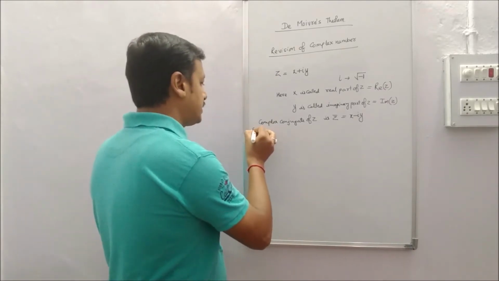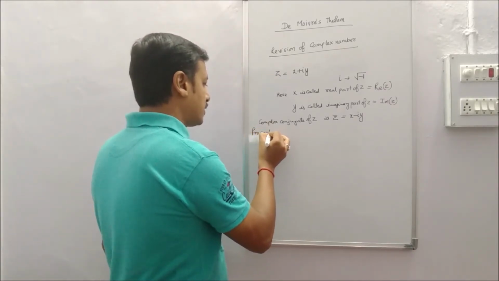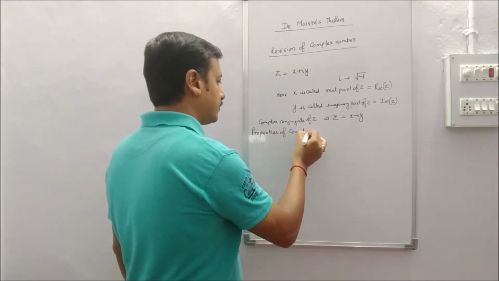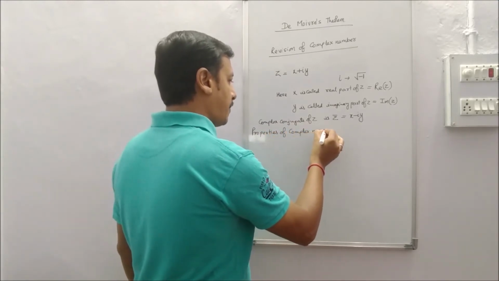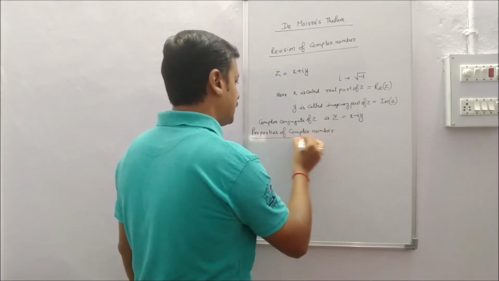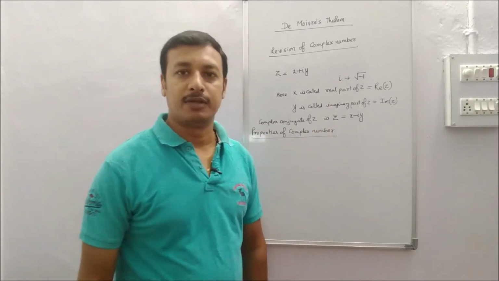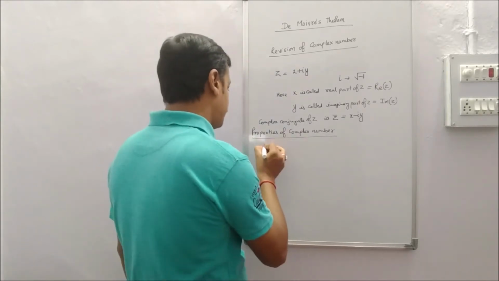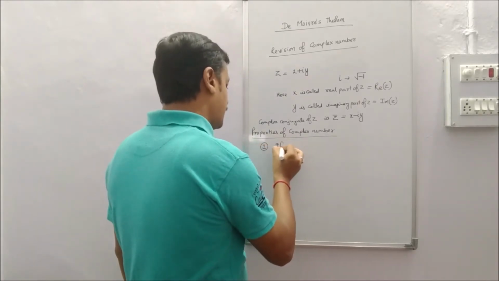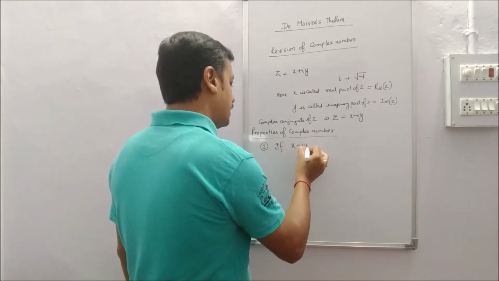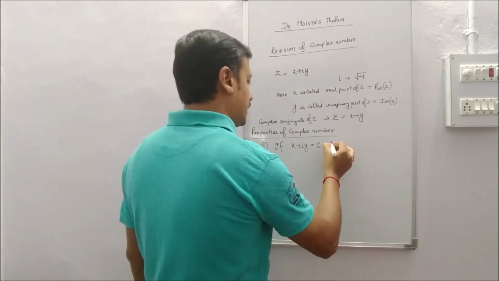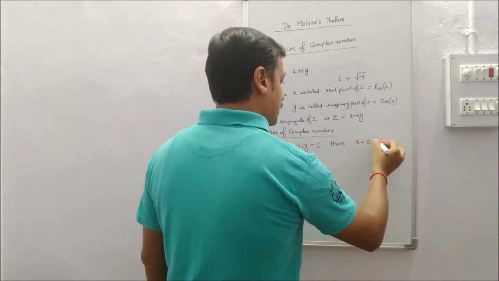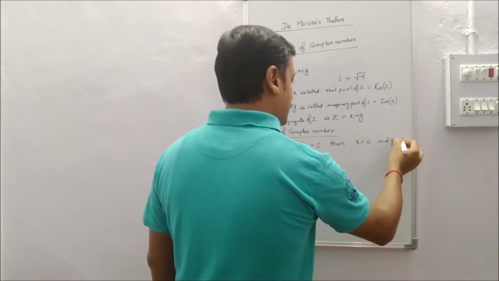Properties of complex number. The first property says that if x plus iy is equal to 0, then x is equal to 0 and y is equal to 0.